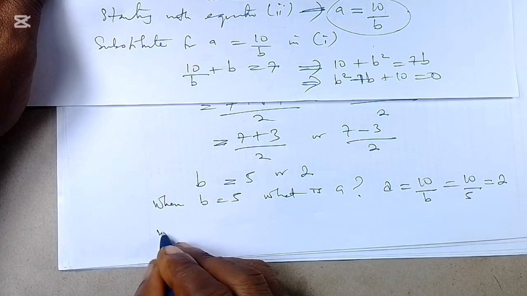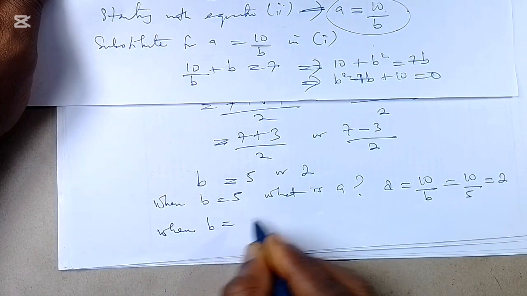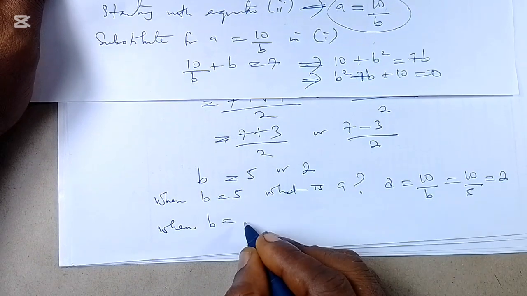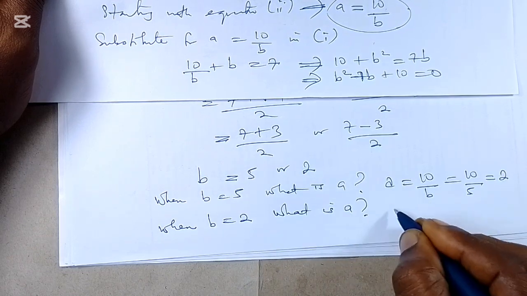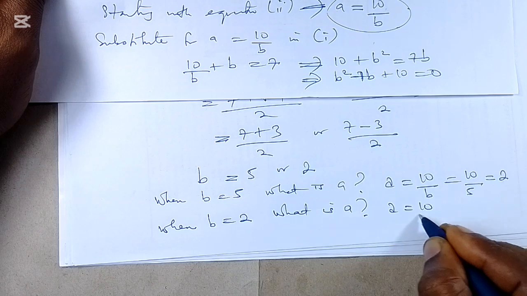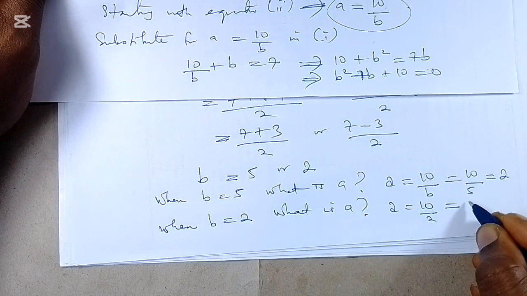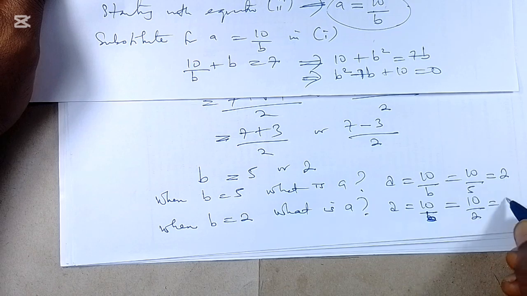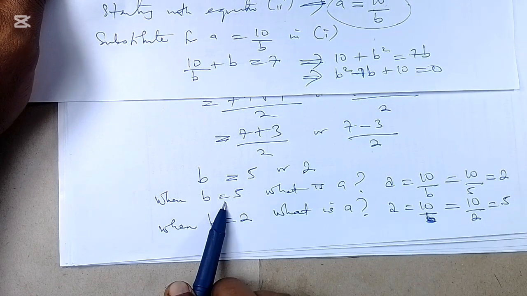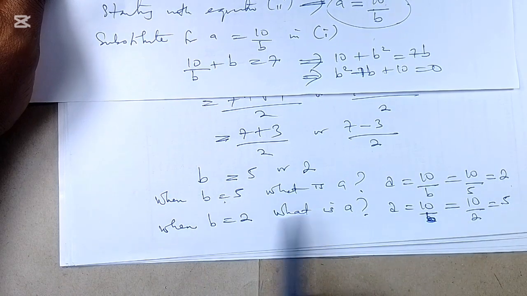And again, look at it again. When B is 2, according to the second part of the solution, what is A? A again will be 10 over what B is, which is 2, and that will give you 10 over 2, which is equal to 5. So when B is 5, A is 2. When B is 2, A is 5.